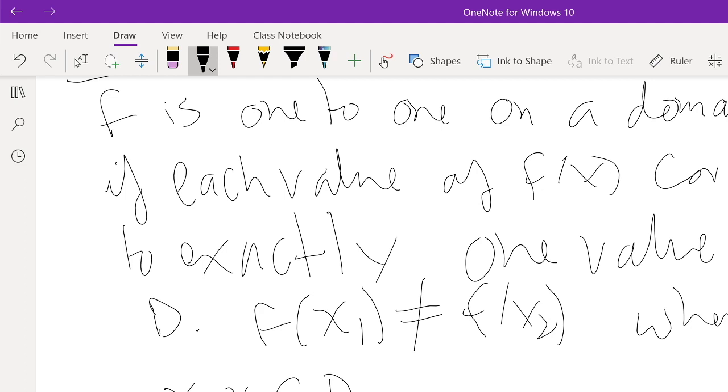To unpack this graphically, what this means is that it needs to pass the horizontal line test.